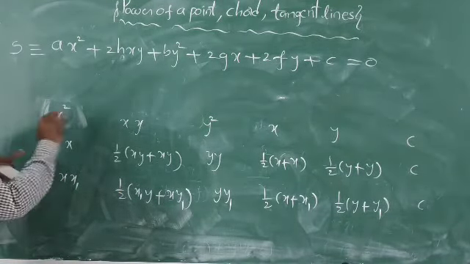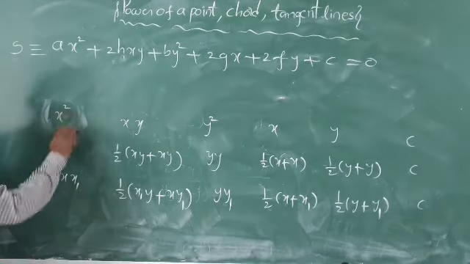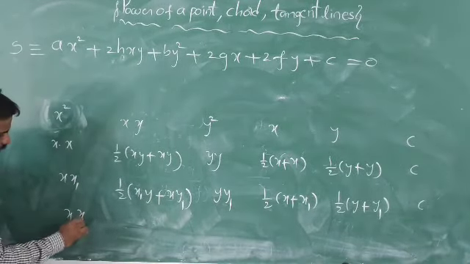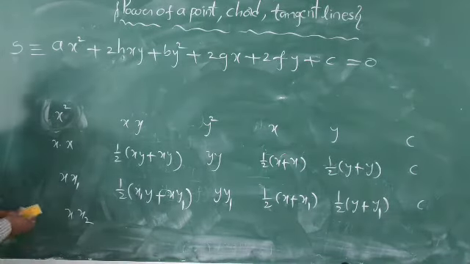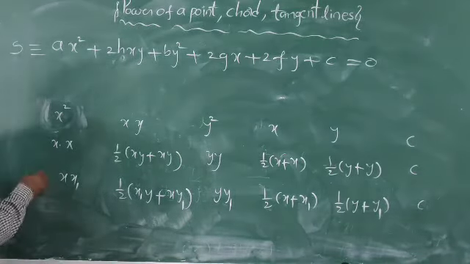And what about 2 of each term? Same. X square of 2 is x into x2. You have to write just 2 instead of 1 in each term. Now what about S1?